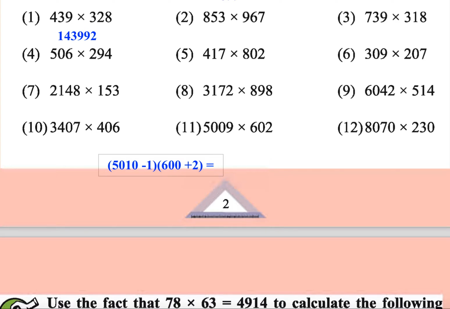So the first, this is going to be 0. 6 0, 6 5s are 30, and 2 more zeros. 5000 into 6 is 30,000.